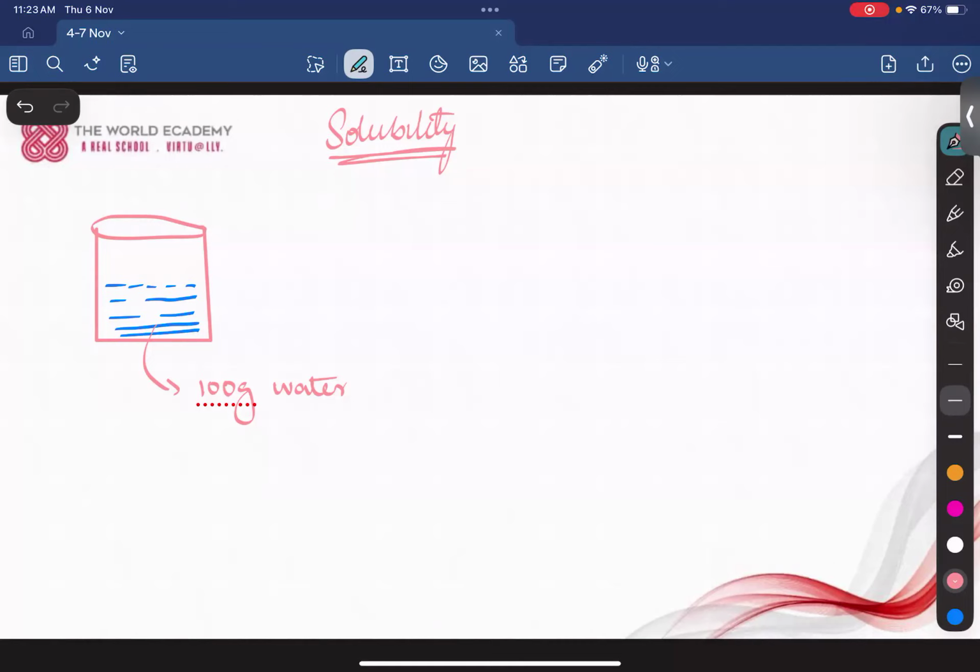Okay, we have done this a lot in my chemistry lab. Suppose this is a digital weighing machine. Here you put your beaker. It should be clean and dry, without any water inside, otherwise the weight will be different.